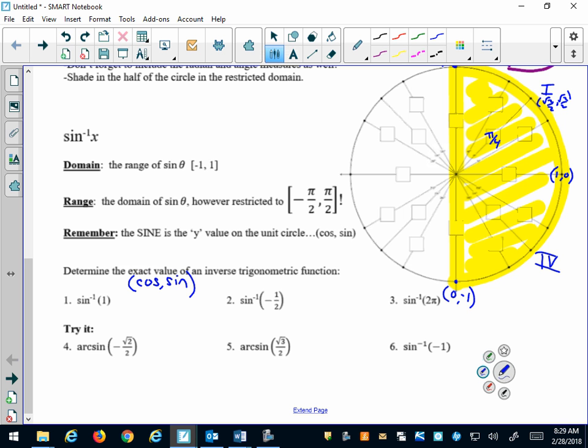So pi over 2, or 90 degrees. Because you go over 0 and up 1, so the y value is 1. The sine is 1 at pi over 2. Did you follow that? So this answer here is just pi over 2.